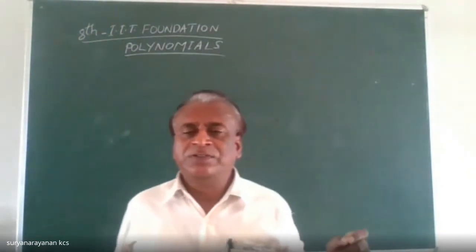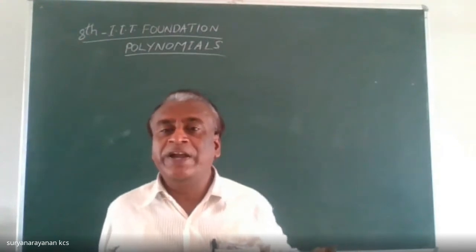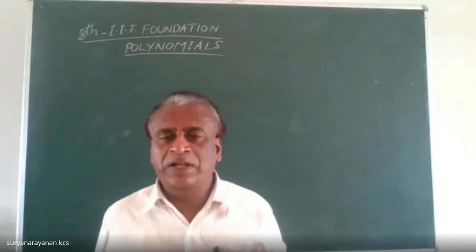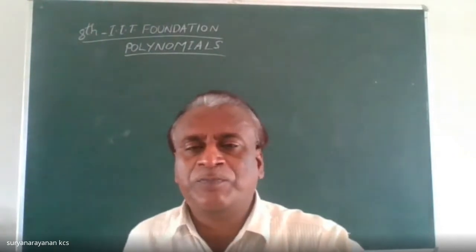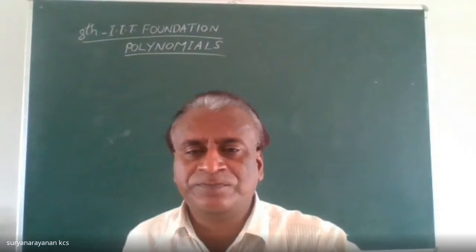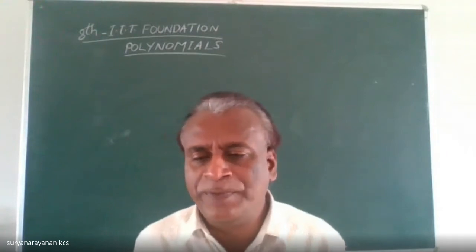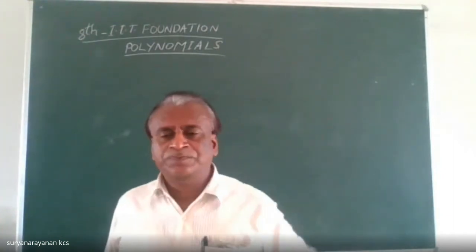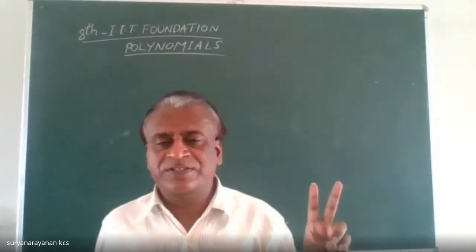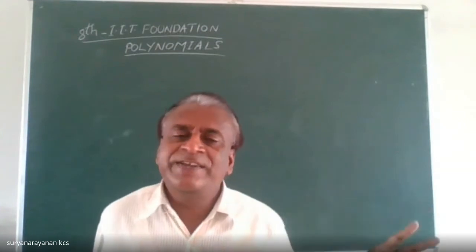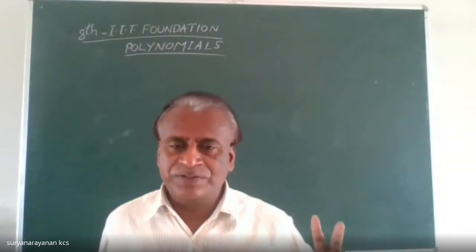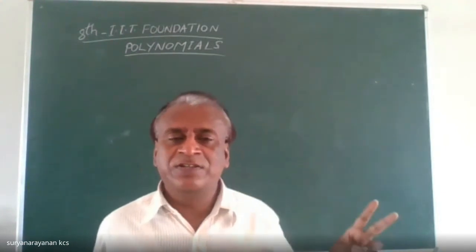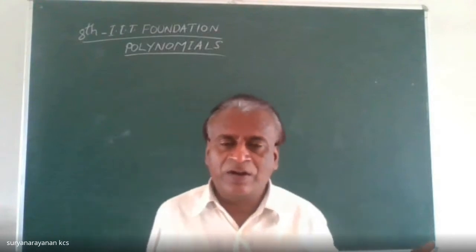Now let us discuss today kinds of a polynomial, different kinds of a polynomial, classification of polynomials based on degree of a polynomial. There are two types of classifications of polynomials. One is based on number of terms, and the second one is based on degree of a polynomial.